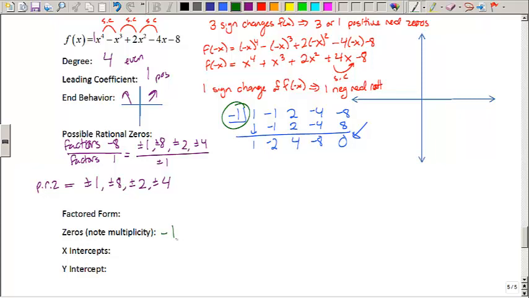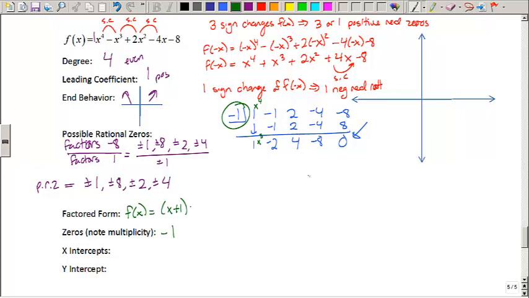In fact, you can actually go ahead and start putting it in your list. We could also put it in our factored form, because I know x plus 1 has to be a factor. Now, I have more factors here, but I don't know what they are yet. And now I'm going to have to pick another one, because it went from x to the 4th down to x cubed.